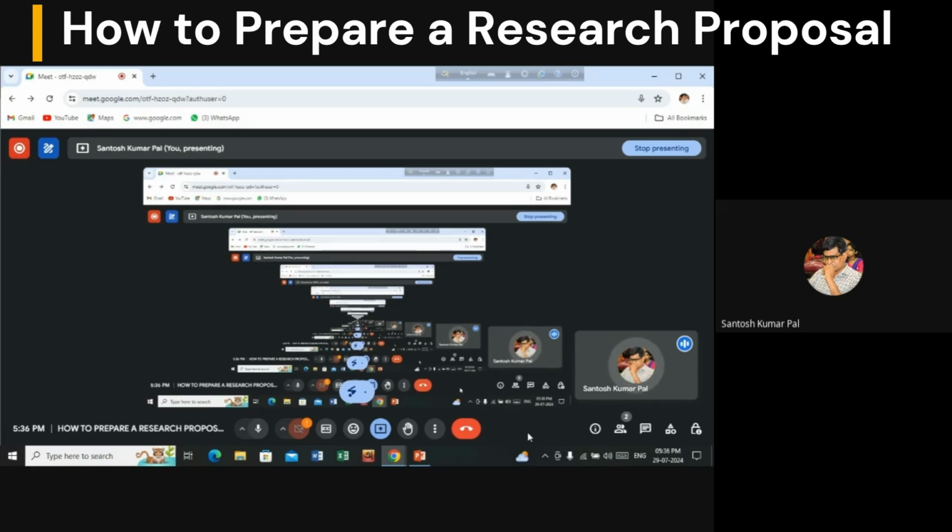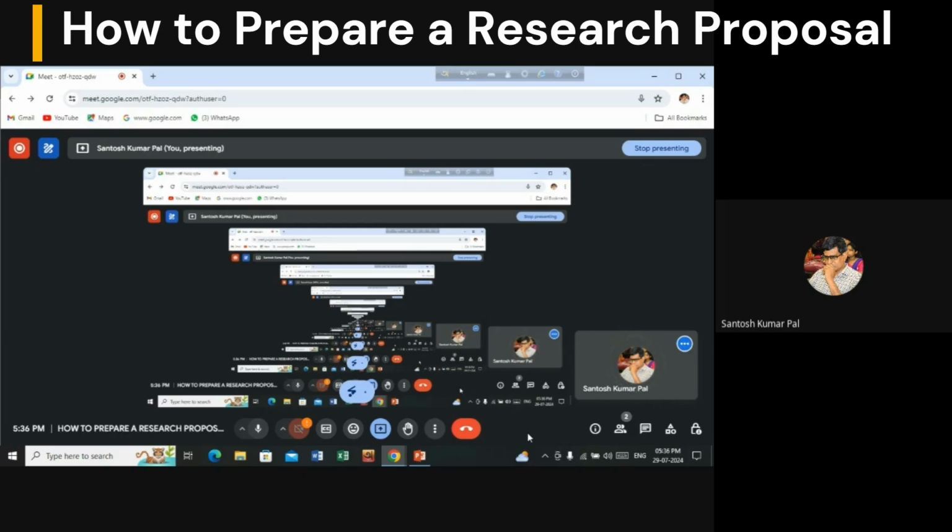And from that point of view, we from the Forum for Applied Philosophy have organized this special session on how to prepare a good research proposal. And we are fortunate that we have with us Professor Santosh Kumar, Dr. Prashant Sukla from Lucknow University, Uttar Pradesh, and also Dr. Sanjay Kumar from Kolhan University, Jharkhand.